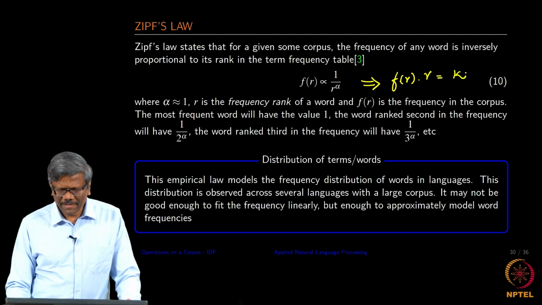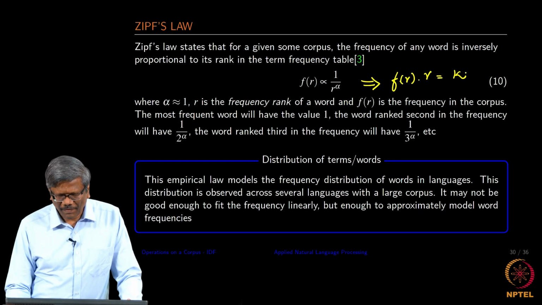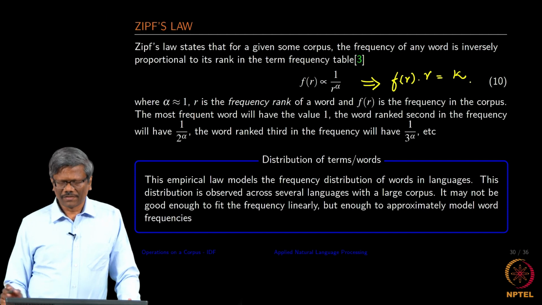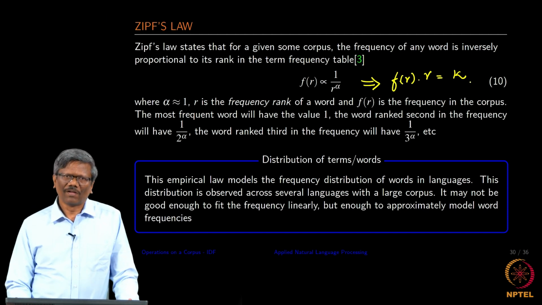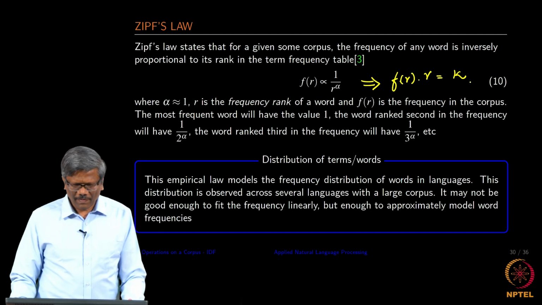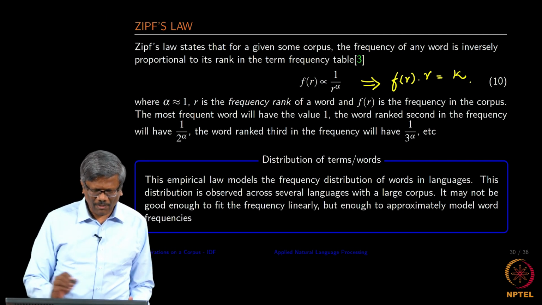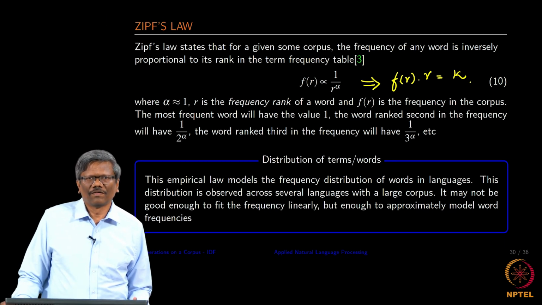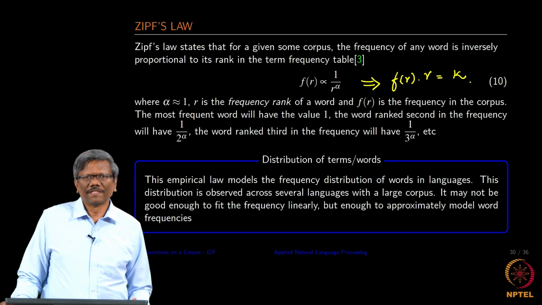That means the frequency of a given term and its rank, if you multiply, should give a constant. So, this should be the same for all the terms in the given document. So, if here we consider alpha to be equal to 1, and R is the frequency rank of the word and F_R is the frequency of the term in the corpus. Okay.